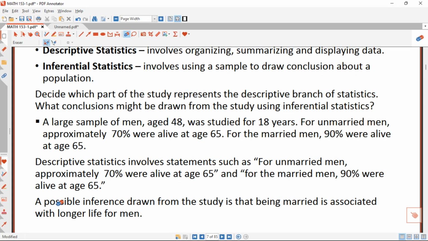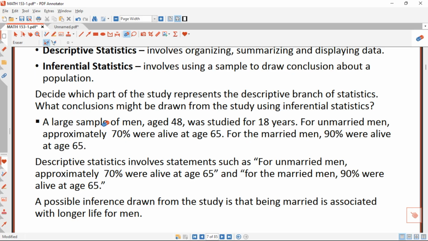But for the inferential, it said a possible inference drawn from the study is that being married is associated with a longer life for men. So here they have used this case study, and they have drawn a conclusion.